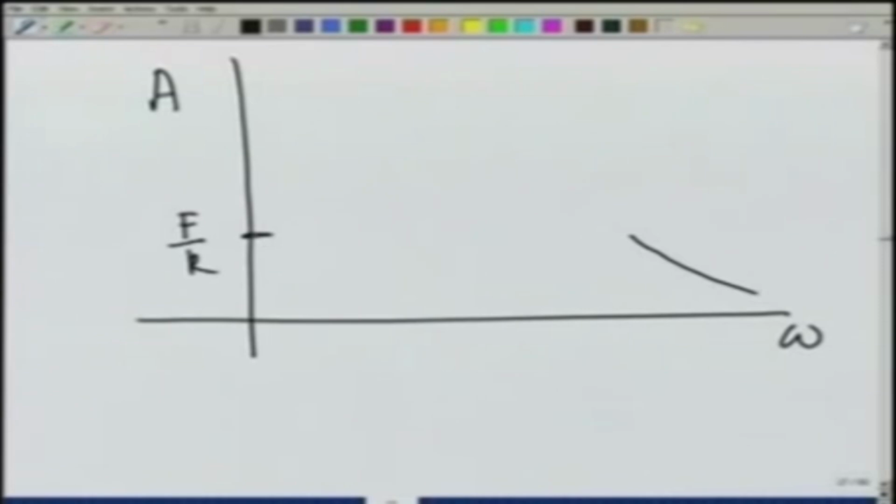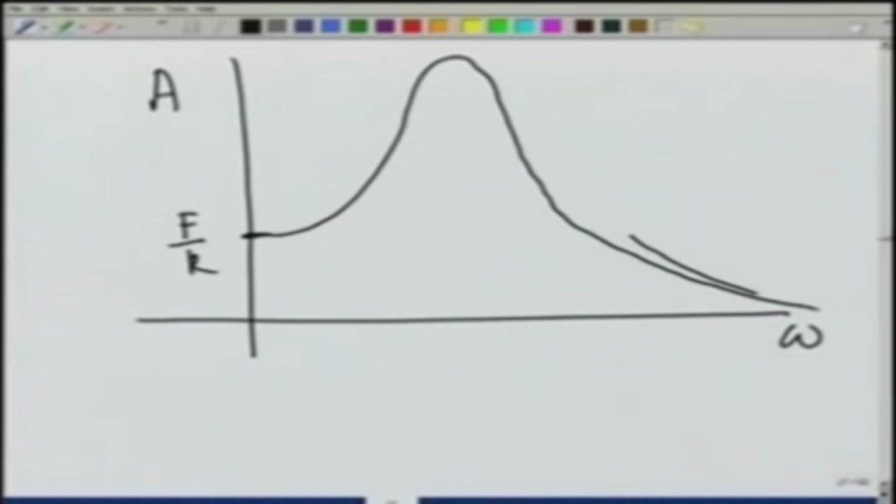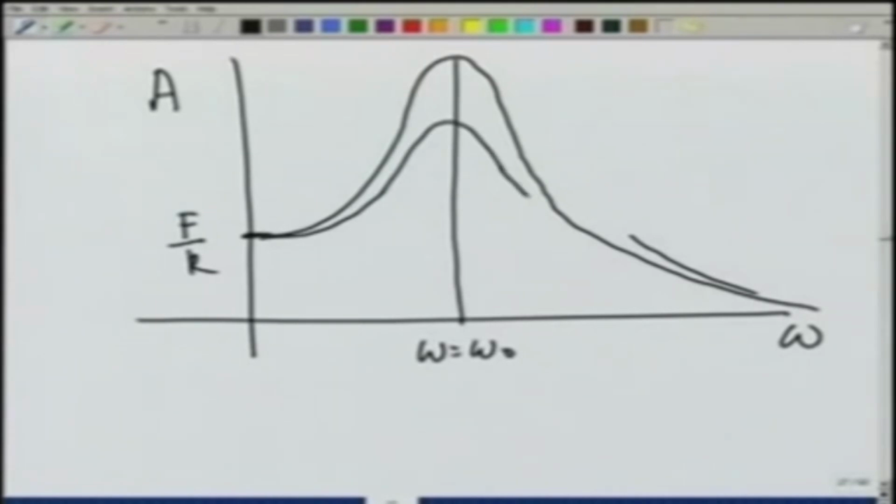In between, this behavior for light damping is something like this, where the maximum occurs at omega equal to omega 0. If I increase gamma, it will be something like this. If I increase gamma further, it will be something like this.